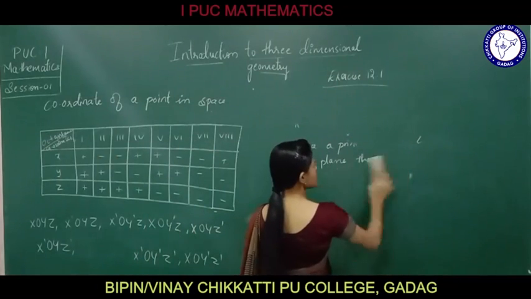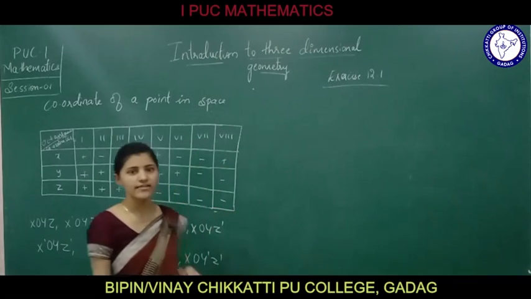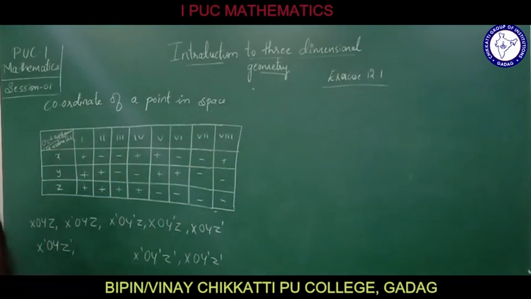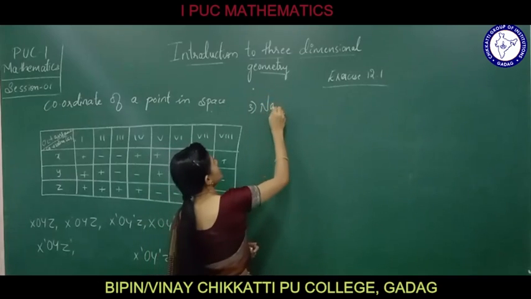Next, let us solve one more problem. They have given us a few set of points. We are supposed to identify in which octant they are going to belong. Name the octants in which the following points lie. What is the given question?